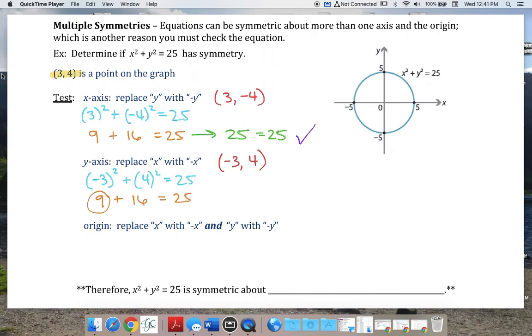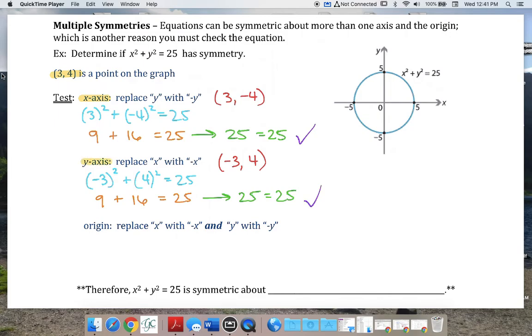And be careful here when you're squaring a negative. Remember, a negative times a negative is a positive. So then on the left side there, 9 plus 16 is 25. So we're left with 25 equals 25. Again, that is a true statement. So that means this graph also has y-axis symmetry.